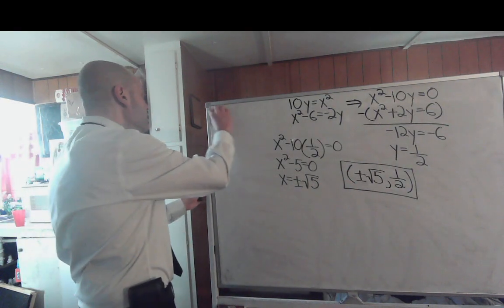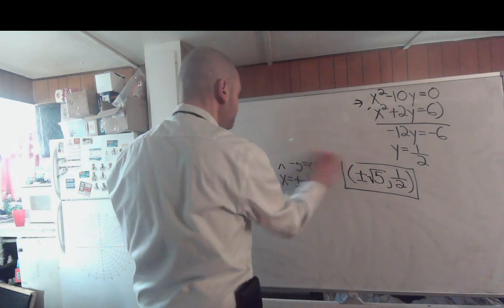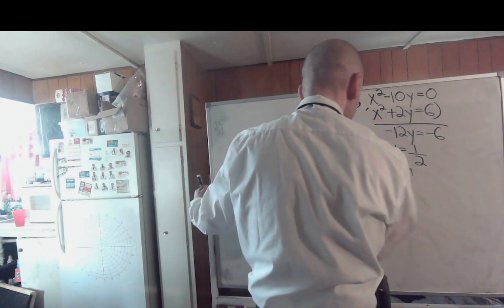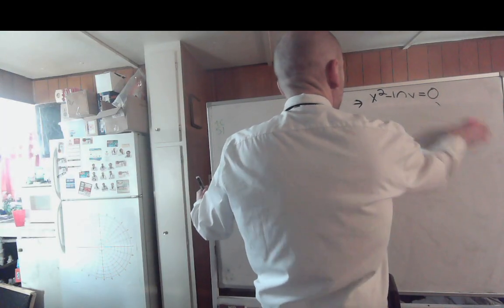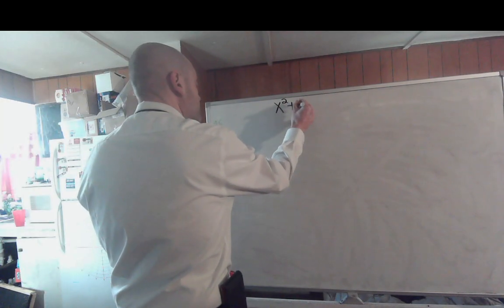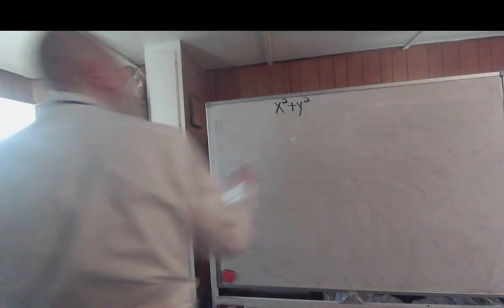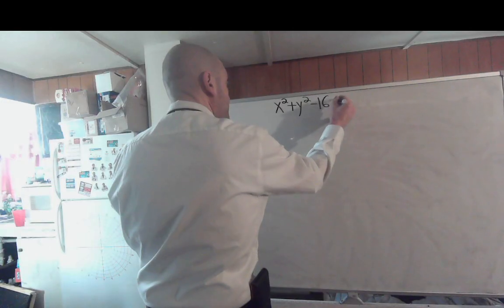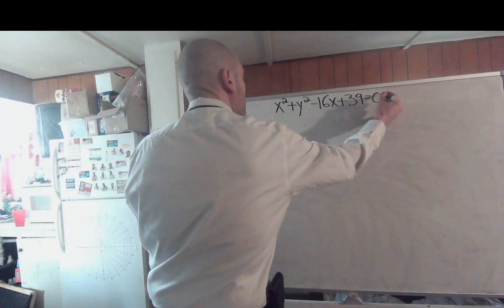Now I got 2 more, then we're done. Alright, let's see here. What's the next one I wanted to do? So we have x squared plus y squared minus 16x plus 39 equals 0.